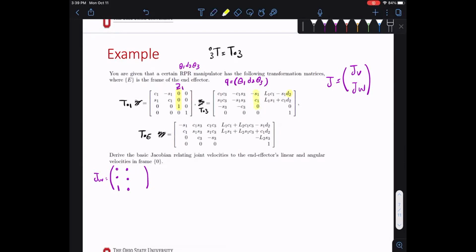This is your Z3, it's the same thing. You have the transformation matrix, and the third column in the rotation is your Z3. This is going to be negative sine 1, cosine 1, 0. That's your J omega. So this is how you find the Jacobian from the transformation matrices if you have them.